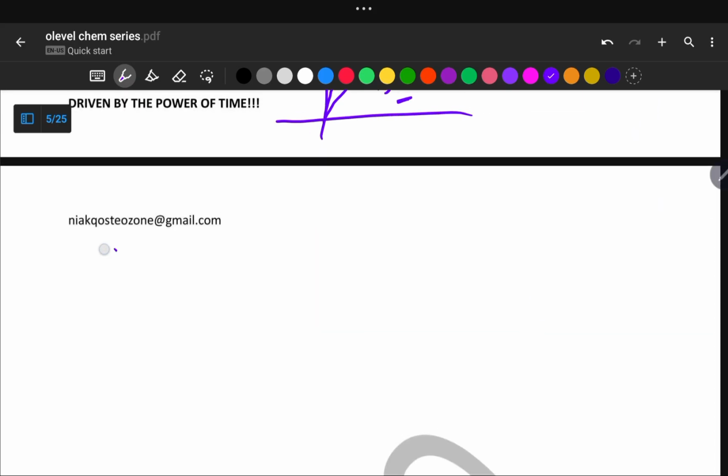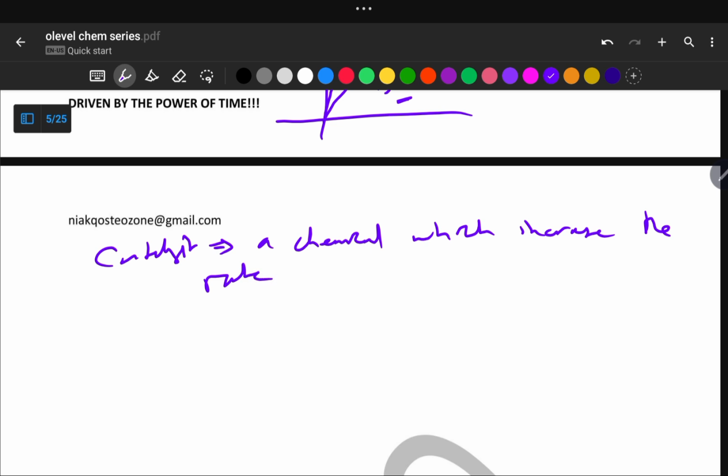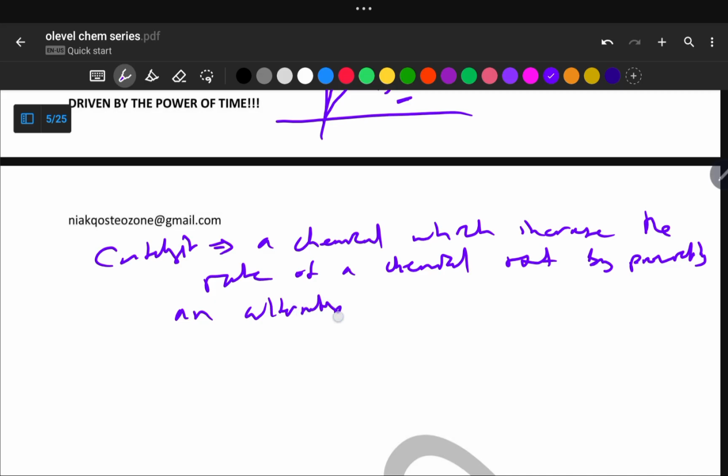And then I will go on to explain the effect of a catalyst. A catalyst is defined as a chemical substance which increases the rate of a chemical reaction by providing an alternative route with lower activation energy.